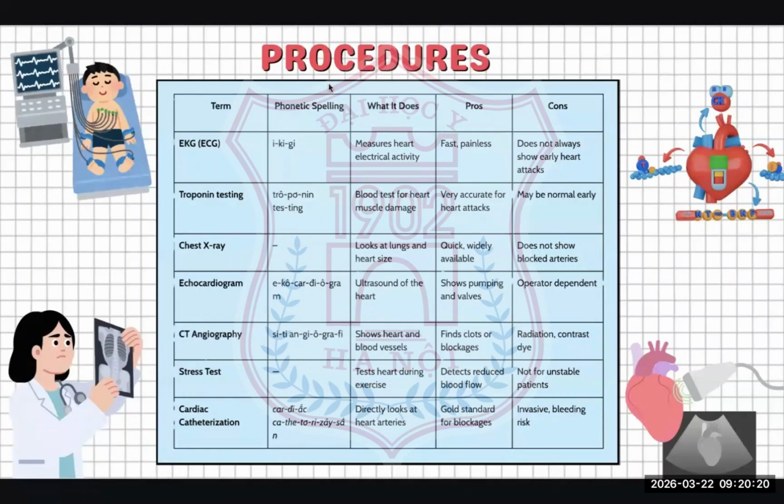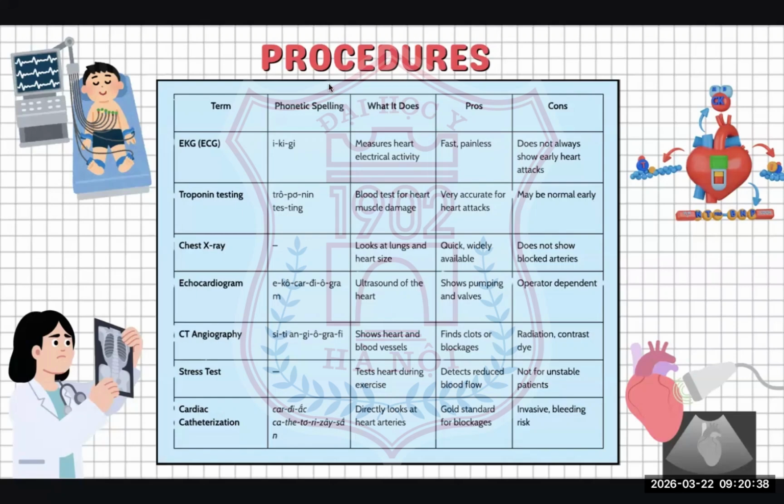Echocardiogram. An echocardiogram is essentially an ultrasound of the heart. So you're looking at structures of the heart using sound. One of the pros is, again, it's easy, it's non-invasive, it's quick, it's cheap, and it actually shows blood movement.